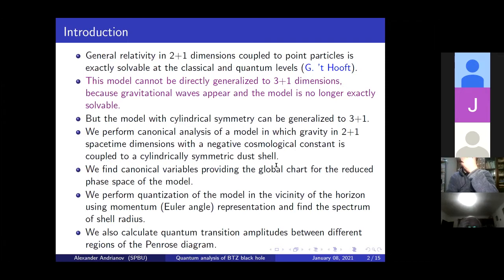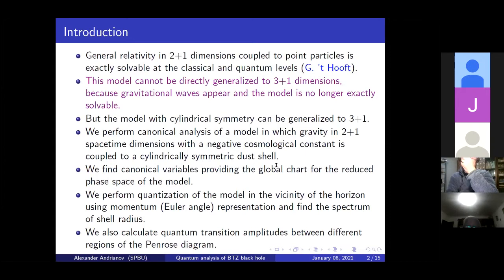What is important, especially our contribution, mostly by Artyom Starodubtsev, it was his proposal: we construct canonical variables which provide a global chart for the reduced phase space of the model.